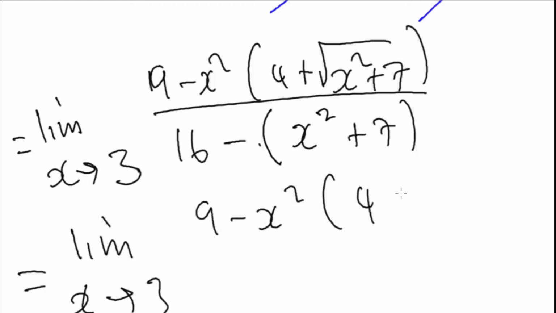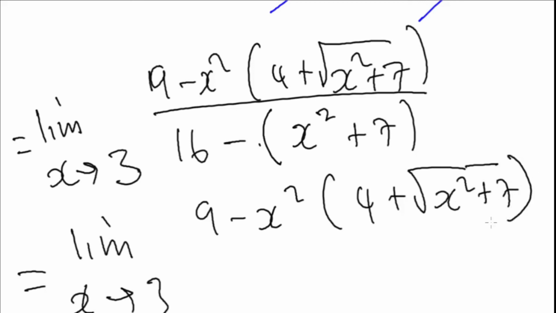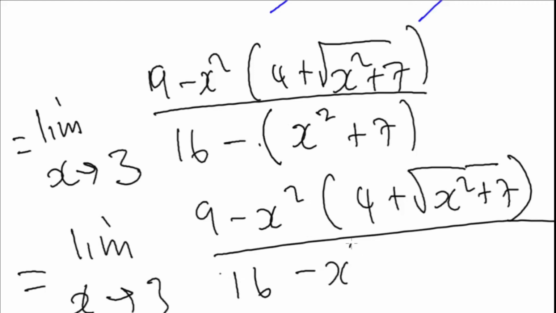Most of the questions are like that. So you just have to be careful when you are doing them. So here, 16, you are going to distribute the minus sign into the bracket, so it will be minus x squared and minus 7.